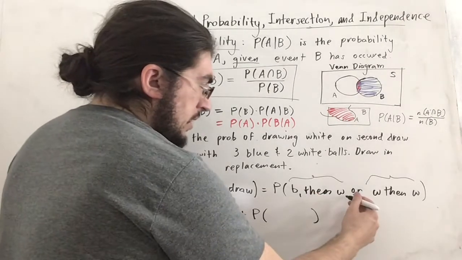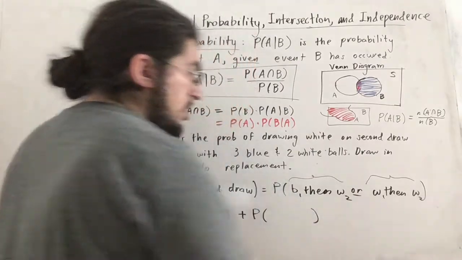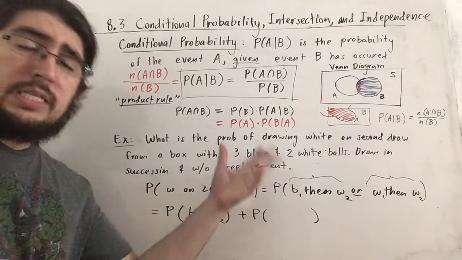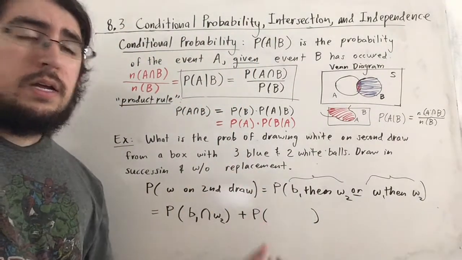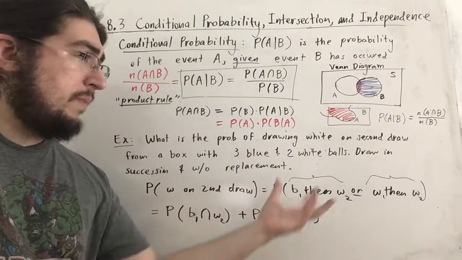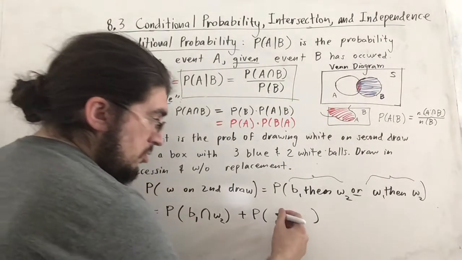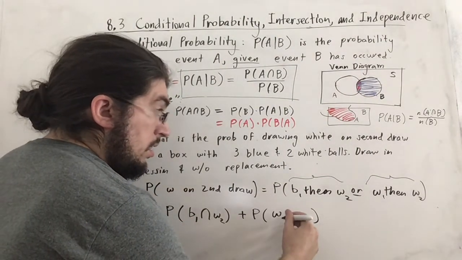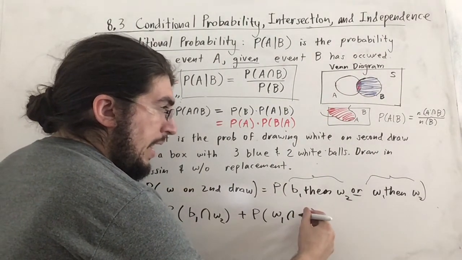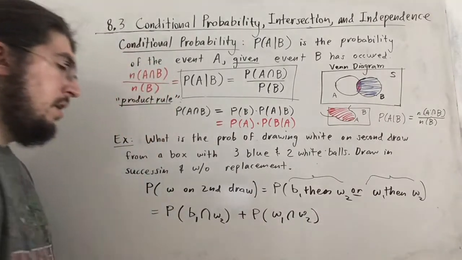The one subscripted by 1 means that occurred first, and the one subscripted by 2 means that one is from the second draw. So here this will be white on the first one and white on the second one.